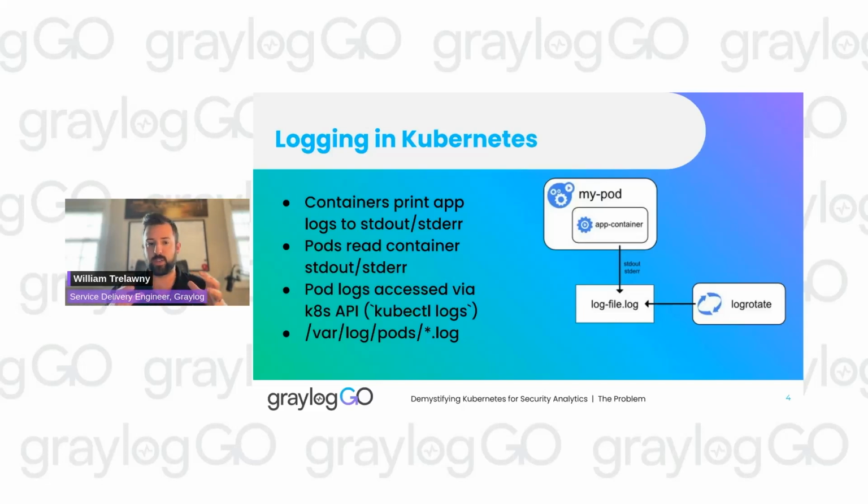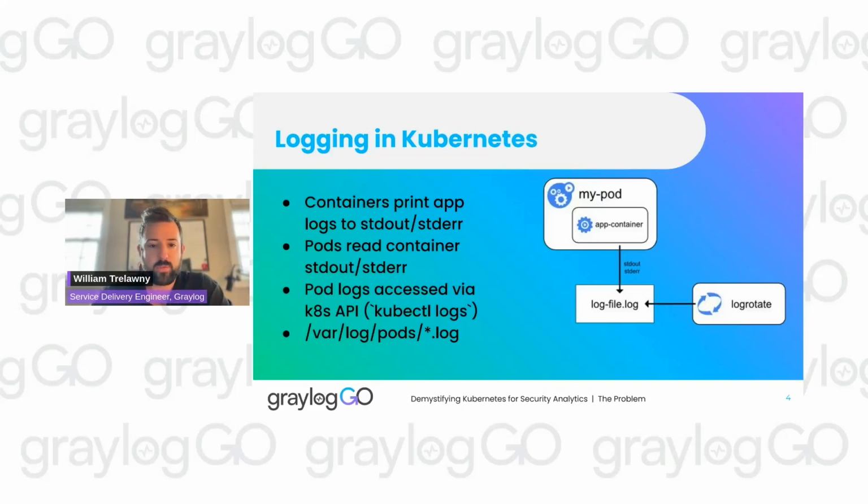A pod has a collection of containers that all produce their standard output, and the logging is done at a pod level. You access a pod's logs, which is an aggregation of all the containers' logs. But it works the same way. It's just extra orchestration and management layers on top.